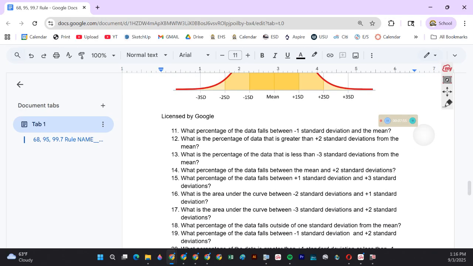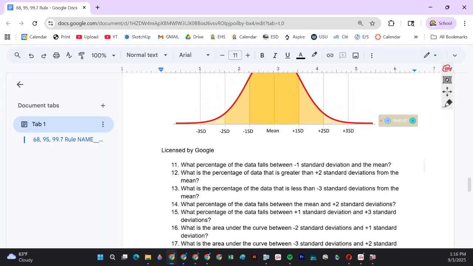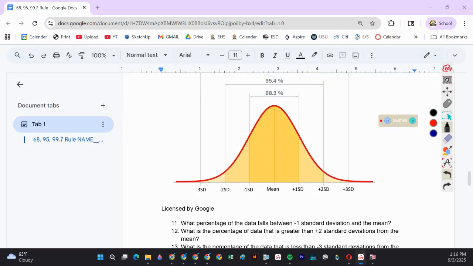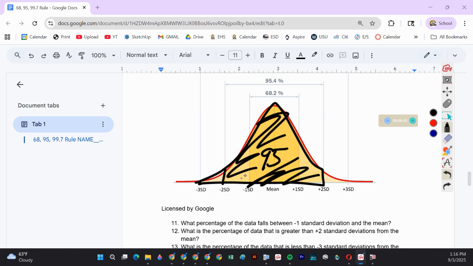Where are we on 17? Yeah. -3 and +2. So from here to here. So that's going to be 95. And then we're going to do the same thing. 99.7 minus 95 is 4.7, sorry.